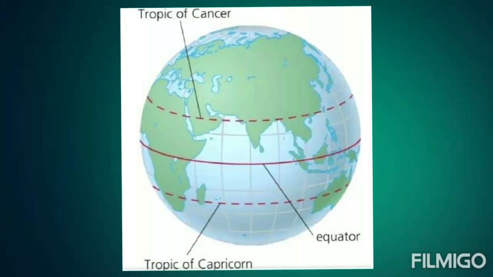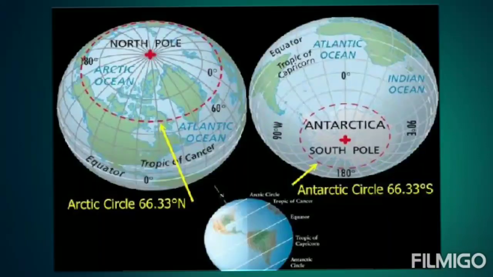Okay, so the area in between the Tropic of Cancer and the Tropic of Capricorn receives the maximum or direct sun rays. Okay, and the next latitudes we are going to see are the Arctic Circle and the Antarctic Circle. See, at 66.5 degree north, Arctic Circle is there, and at 66.5 degree south, Antarctic Circle is there.